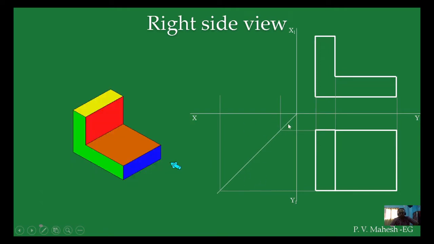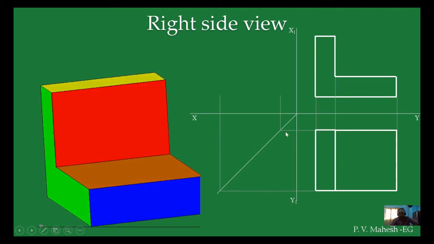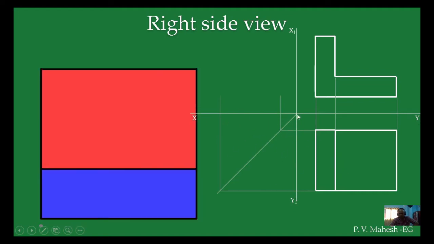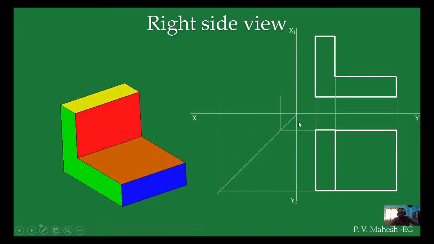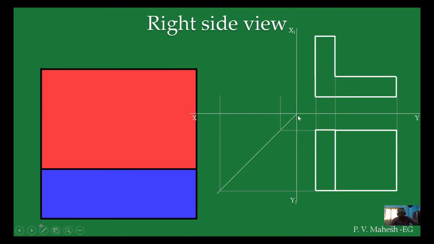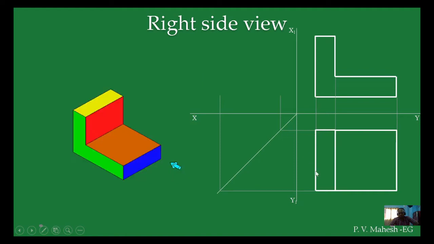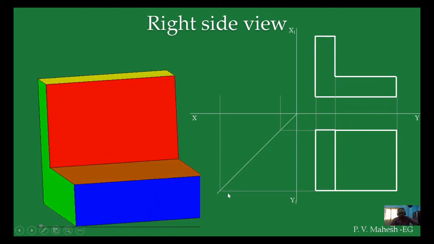Many people do it in a different way. They will draw 45-degree lines from all the points coming from here, or they will draw curves with this point as the center. They have many ways, but I have chosen this one, which is a little simpler. At the intersection of the profile plane and reference plane, I draw a 45-degree line, and I draw the projection lines from this onto the 45-degree line, and again from the intersection of these two lines I draw the vertical lines.